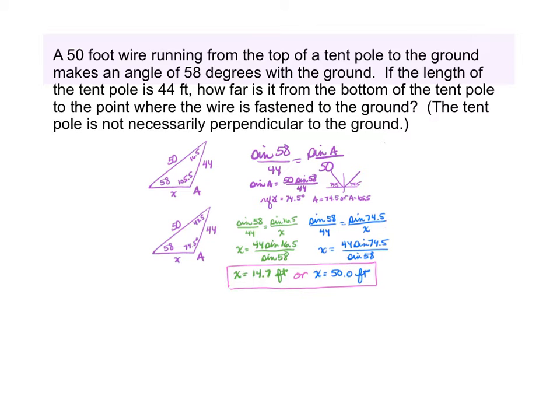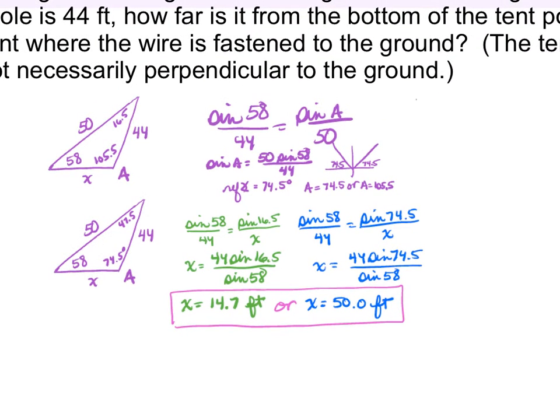Ooh, that is an error. Let's fix that. It should not have been 74.5, it should have been 47.5. Let's change that. Sine of 58 over 44 is equal to the sine of 47.5 over x.